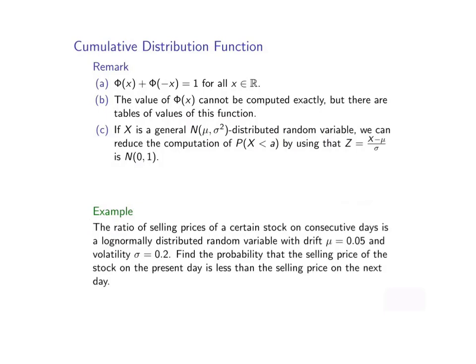The ratio of the selling price of a certain stock on consecutive days is a log-normally distributed random variable with drift mu equals 0.05 and volatility sigma equals 0.2. We wish to find the probability that the selling price of the stock on the present day is less than the selling price on the next day.